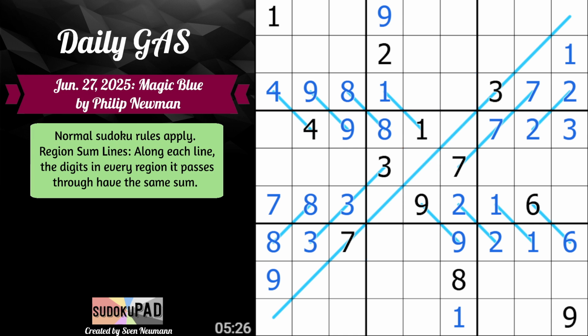These 2 cells. I have 5, 5. So what am I not seeing here?